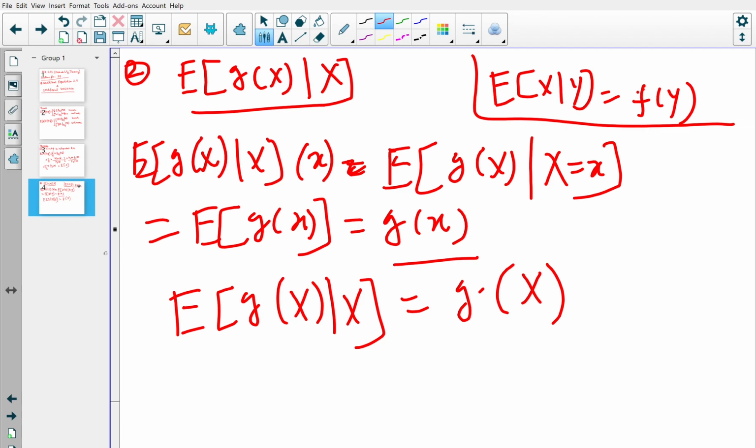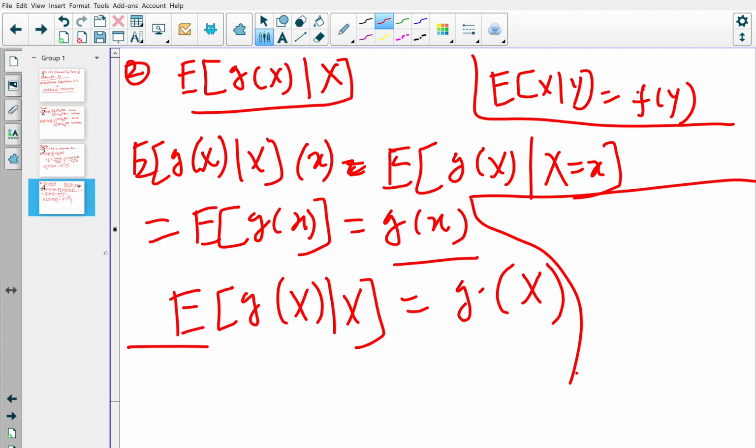One more thing I want to clarify. I want to calculate this function at the point x, and by definition it is the summation of g(x) times the conditional mass function. You can also compute it directly from the definition.